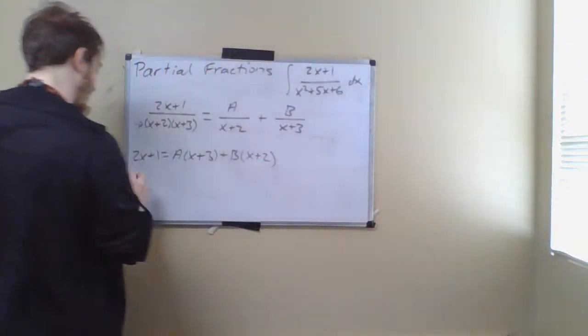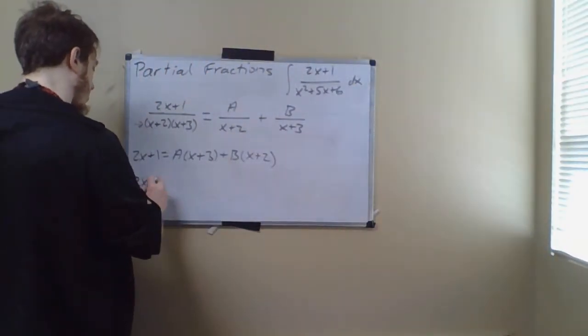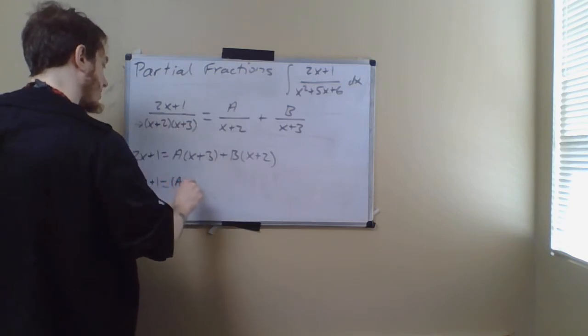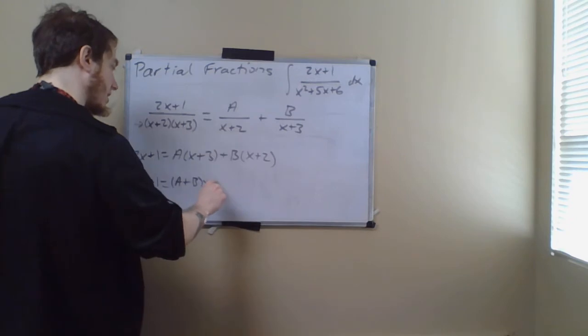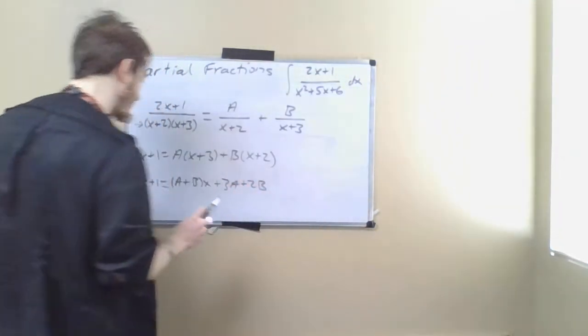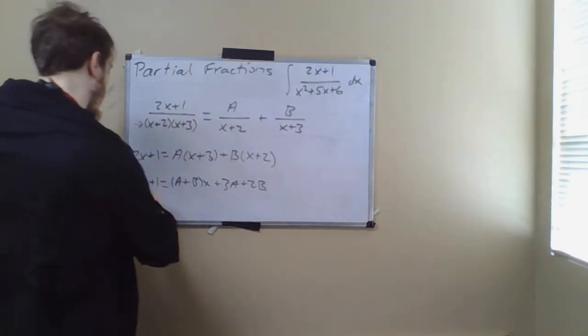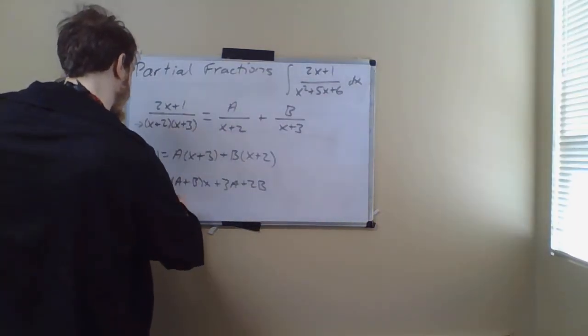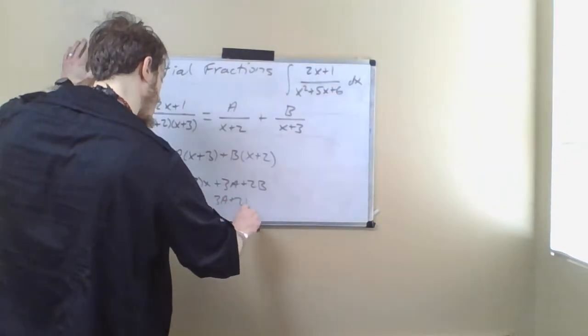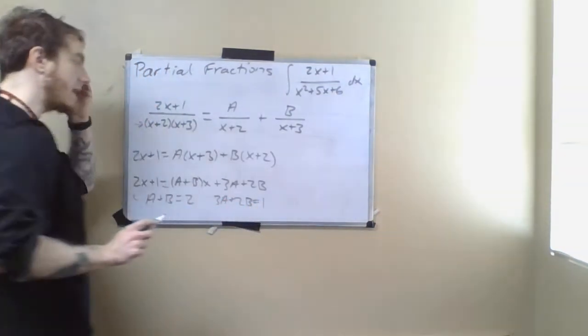One of them is we can say this means 2x plus 1 is equal to A plus B times x plus 3A plus 2B. And then we can say this means that A plus B is equal to 2 and 3A plus 2B is equal to 1.